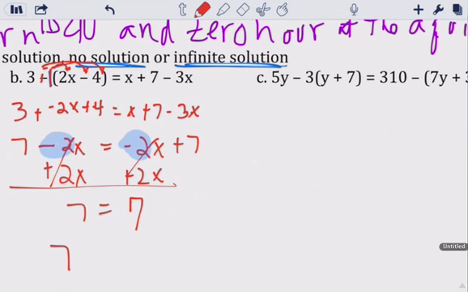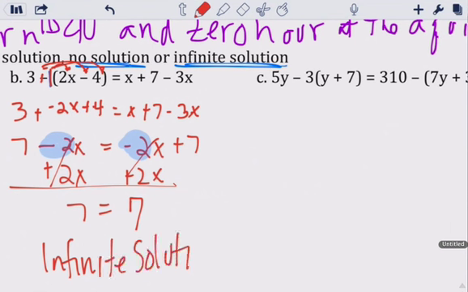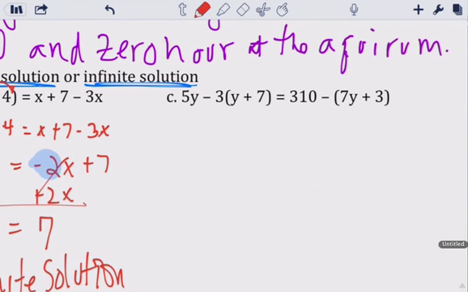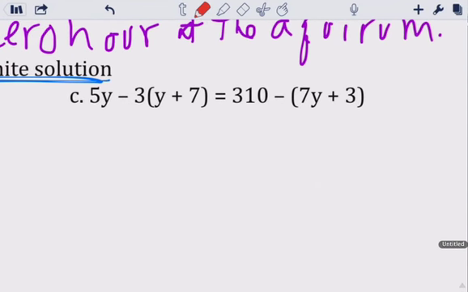7 equals 7. Oh, infinite solution. Okay, here we go.